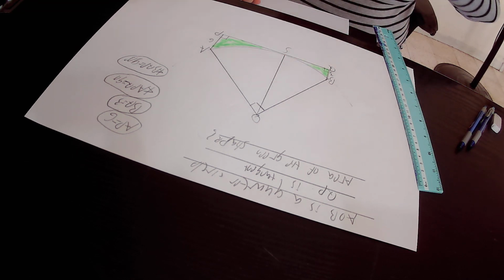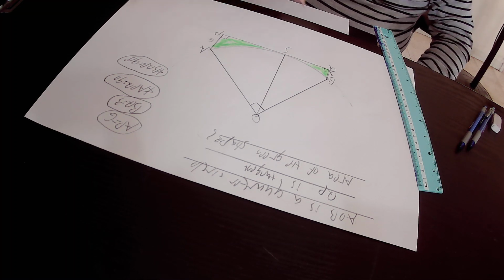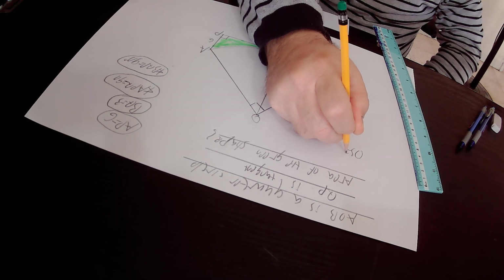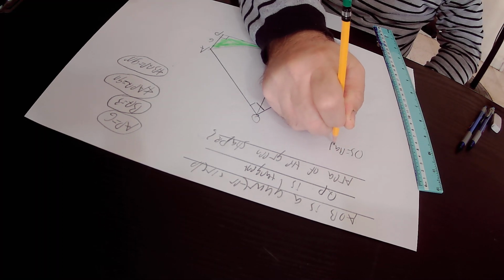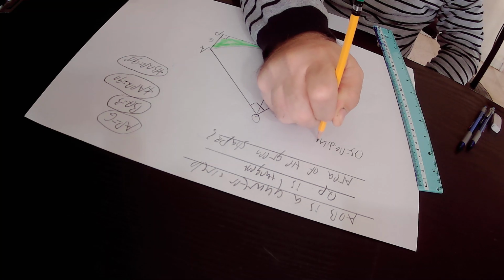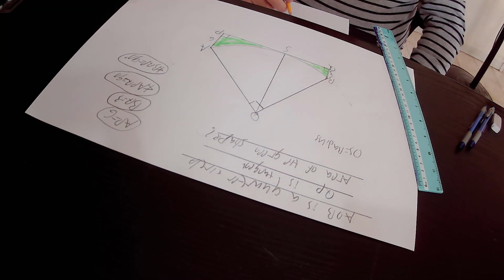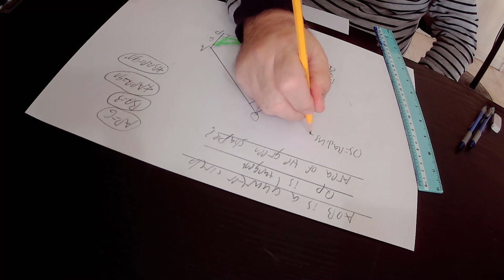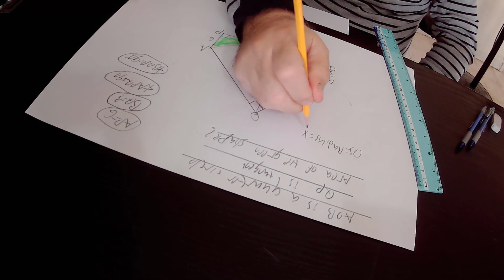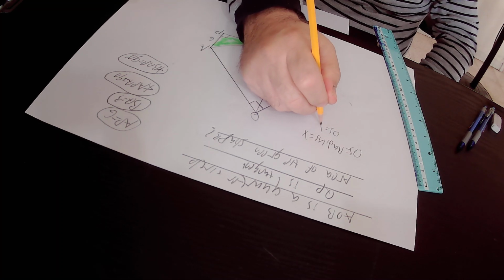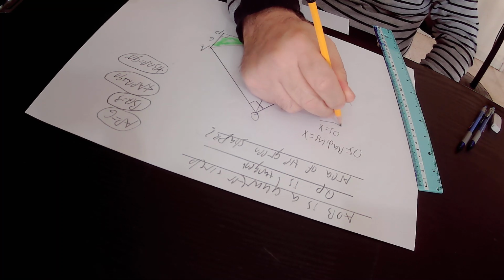So OS is the radius of the quarter circle, and we will define the radius as x. Therefore, OS equals x.